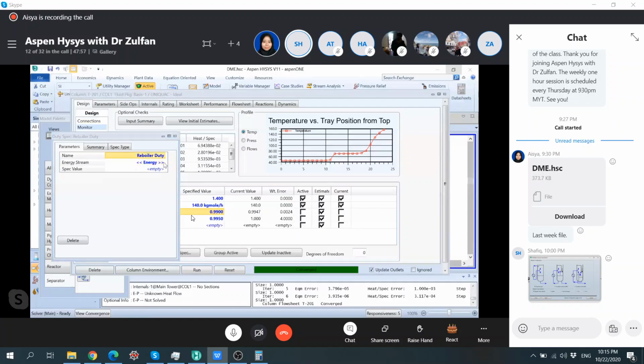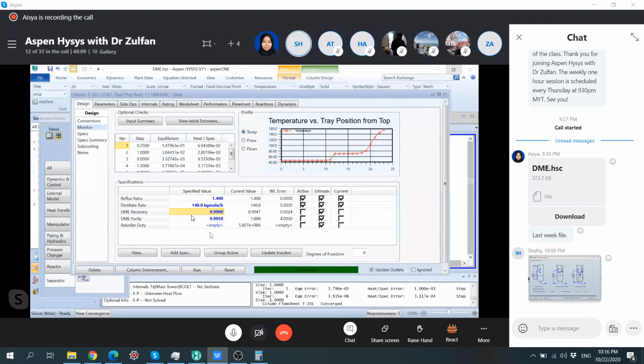And the energy stream, which one is the reboiler? 204. Yeah, 204, not 205. Okay, and then you close this. And then you can see the reboiler duty is 5.8 million kilojoule per hour.